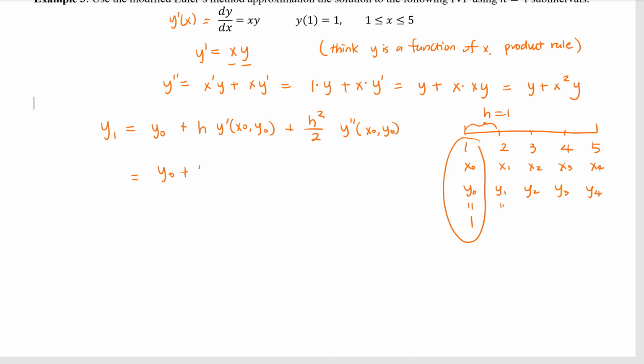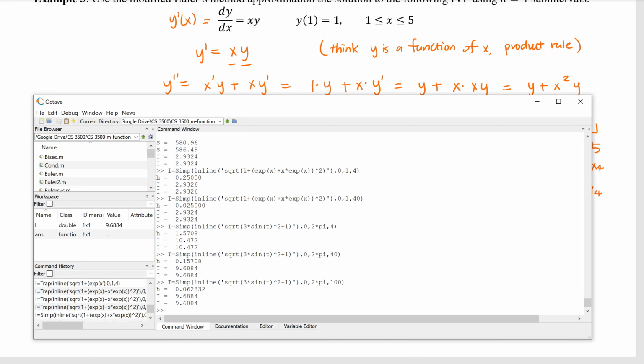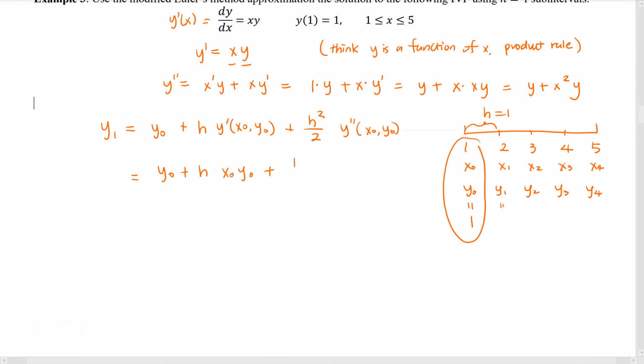Let's write down the formula again here. y double prime is y0 plus x0 squared y0. Now we can plug in. y0 is 1, h is 1, x0 is 1, y0 is 1. 1 plus 1 over 2 times 1 plus 1 squared times 1. 1 plus 1 is 2, 2 over 2 is 1. So the answer is just 3.